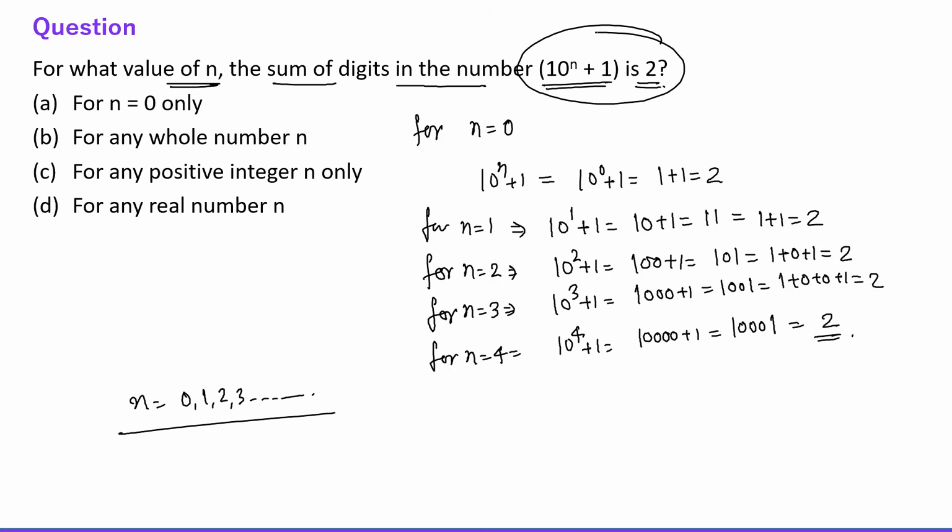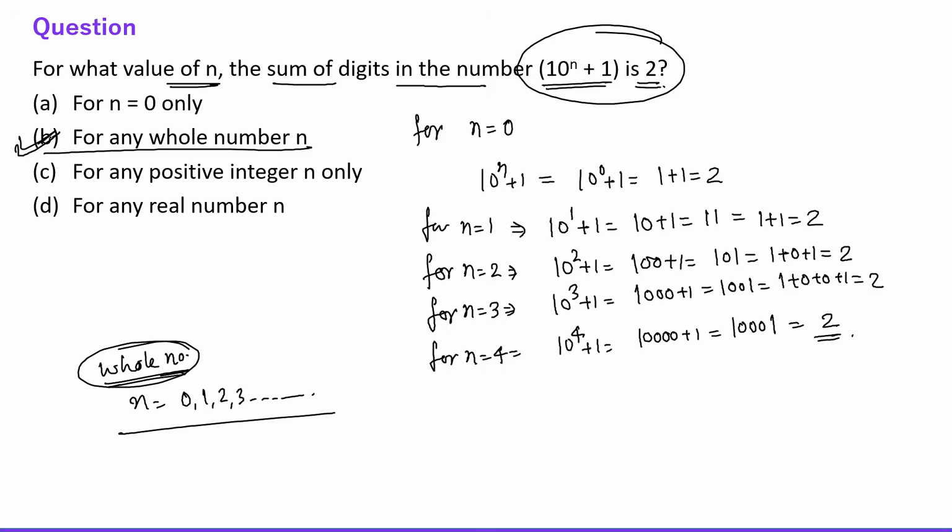So what are these numbers? These are actually whole numbers. So the answer is, for any whole number, option B. For any whole number n, the sum of the digits of this expression will be 2.